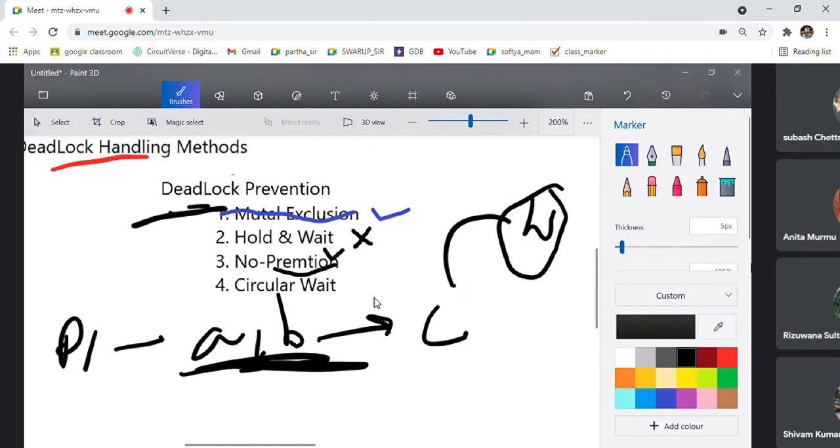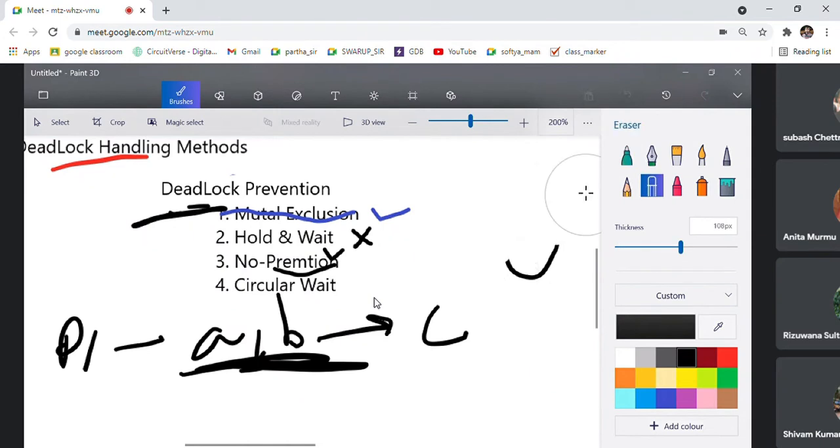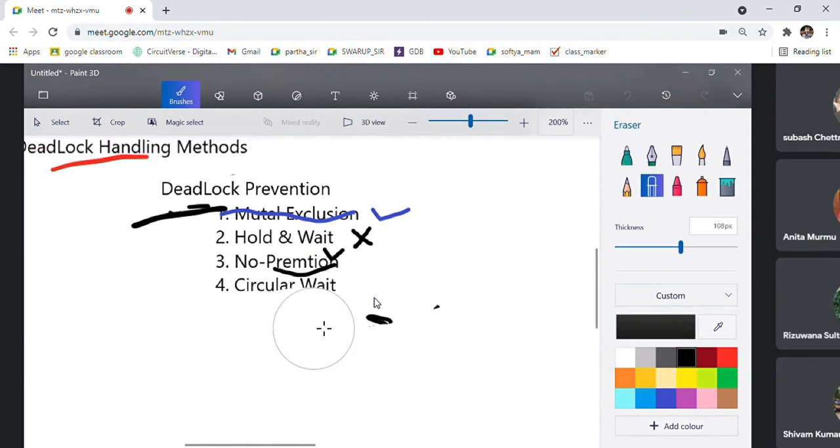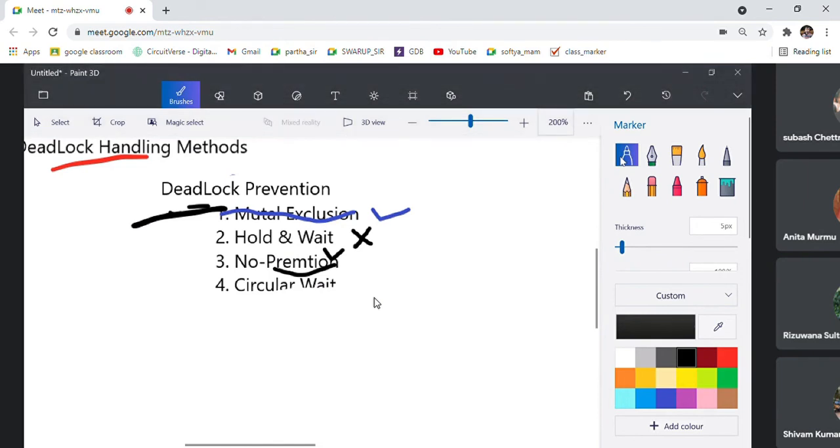Fourth is your circular wait. Circular wait I have already explained. The fourth and final condition for deadlock is the circular wait condition. One way to ensure that this condition never holds is to impose a total ordering of all resource types.